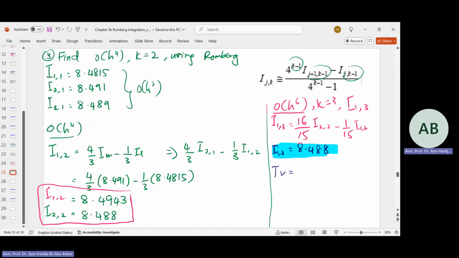Press your calculator. 8.488. Yes, true value. So your true value is 8.488. So your true error, clearly we can see 0%.